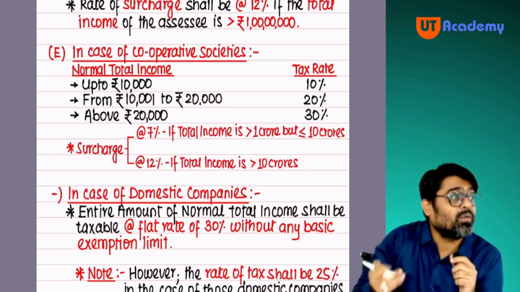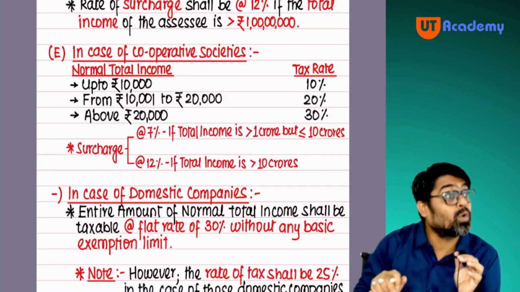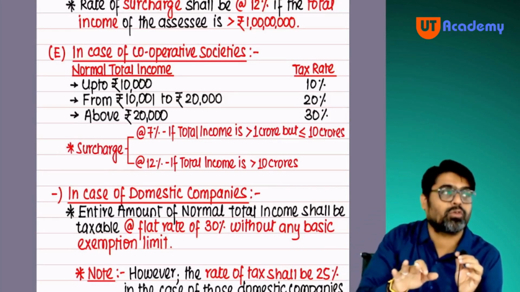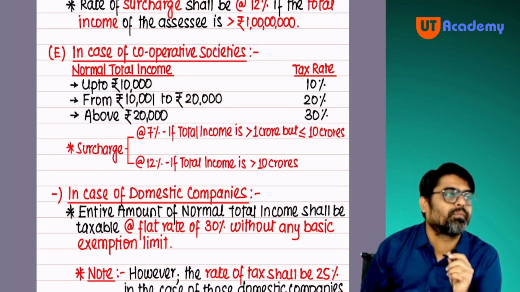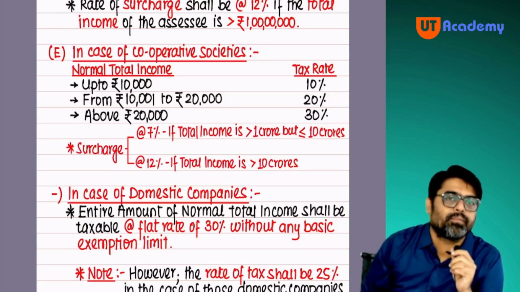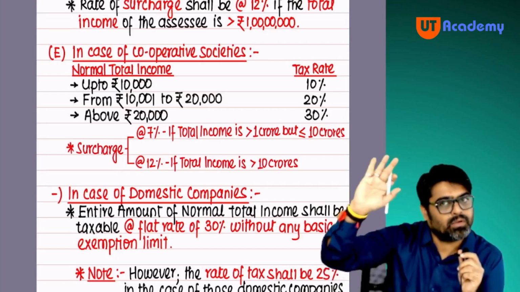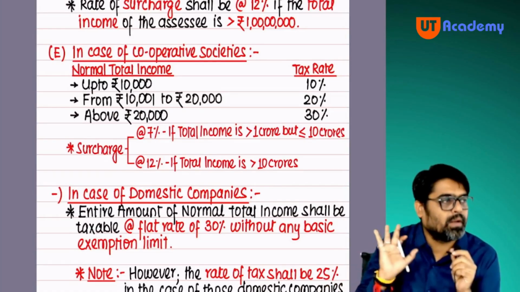This is for cooperative societies. Cooperative societies are AOPs only, but don't apply the AOP rate because the rate for cooperative society is different: first 10,000, 10,000 to 20,000, and excess amount 30%. Surcharge will be applicable 7% or 12%.